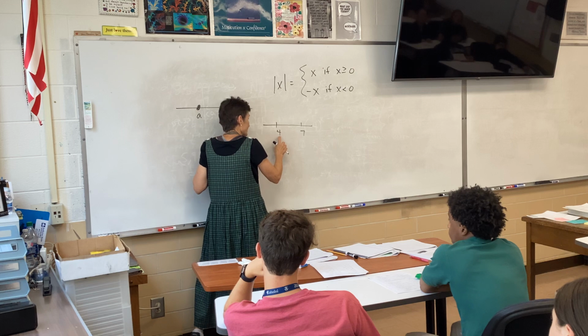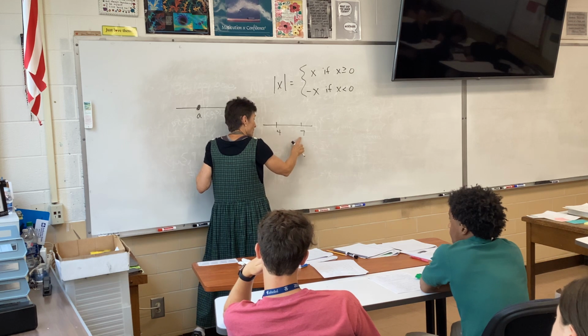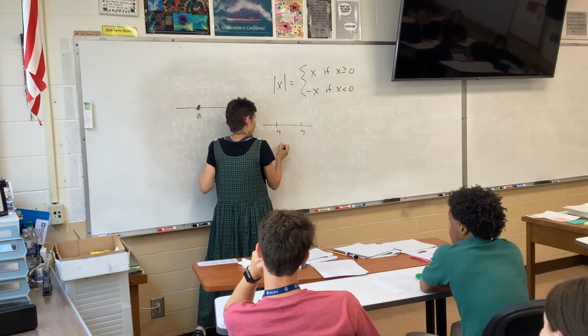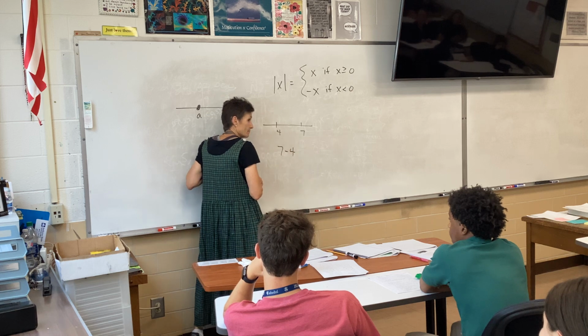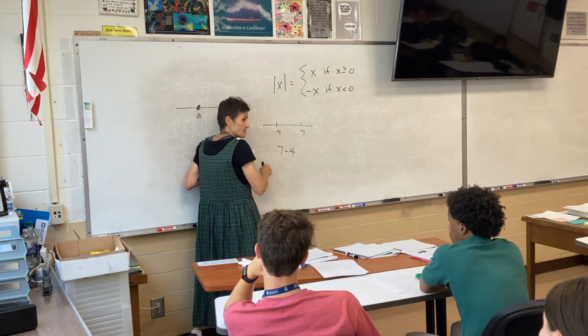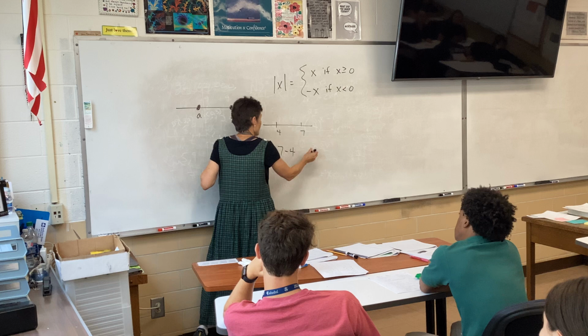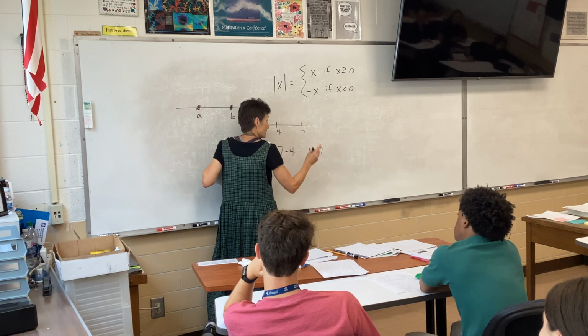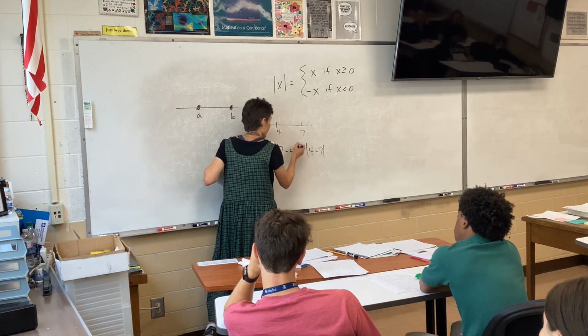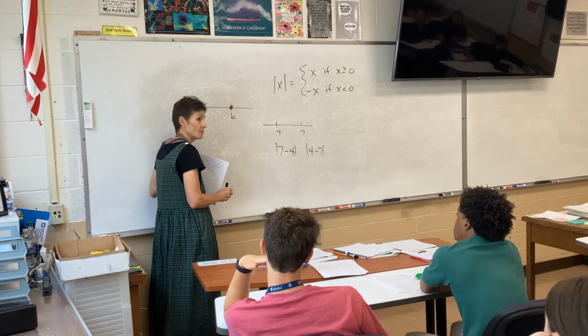If I want to talk about the distance between these 2 numbers on the number line, could I do 7 minus 4? Would that give me the distance? No. Could I do 4 minus 7? Yes, as long as I put it in absolute value.